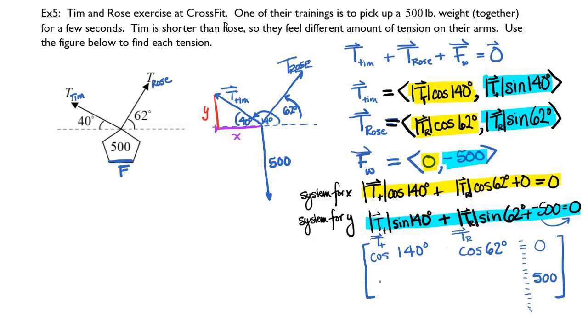We're also going to put sine of 140 degrees, sine of 62 degrees, equals 500, because I brought 500 to the other side of the equal sign. And then I'm going to do something called row reduced echelon form in the calculator. It just solves the system of equations, and I'll show you an example in the next video of how to do that consistently for any setup.